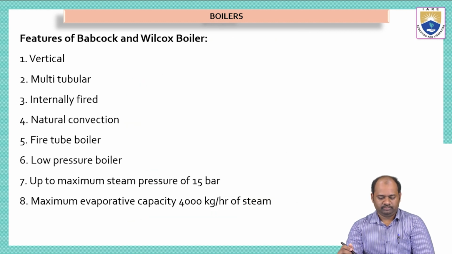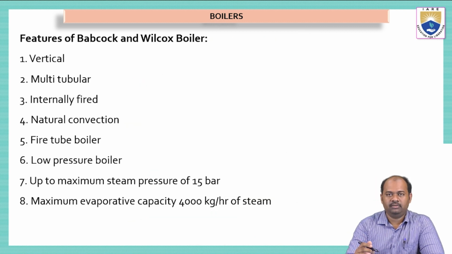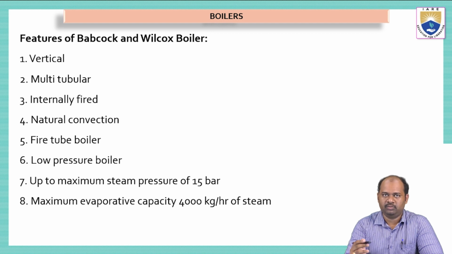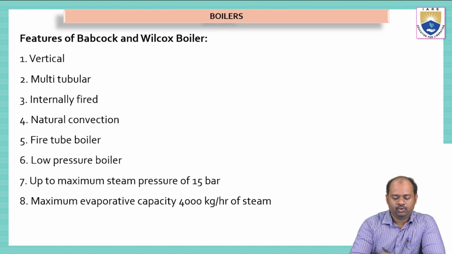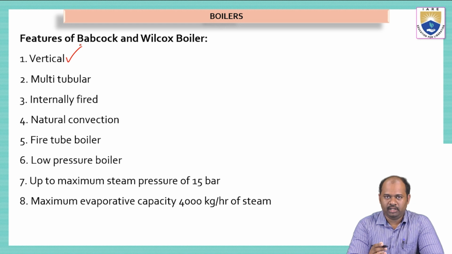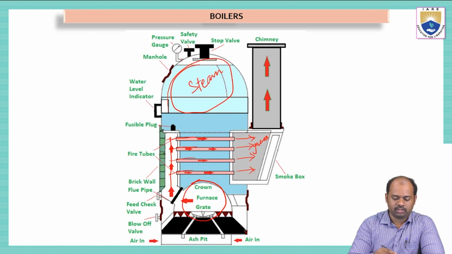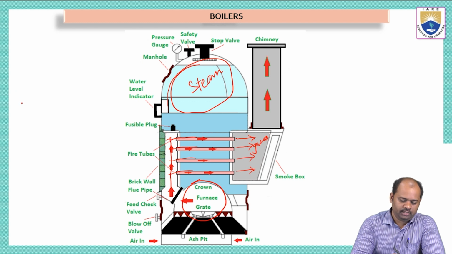Now we'll see what the features of a Babcock and Wilcox boiler are. Okay, so it is a vertical boiler. The name of this boiler is Babcock and Wilcox boiler.